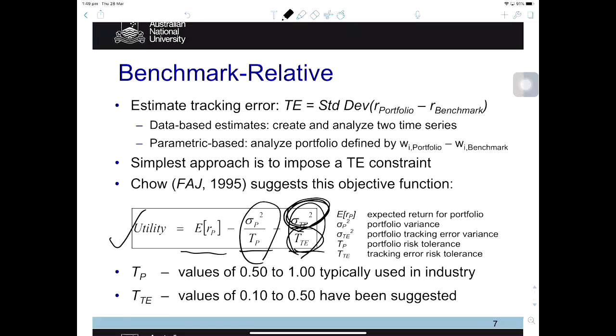So the message from this relative risk management asset allocation method provides some guidance for an investor or for mutual fund managers who have a clearly defined benchmark. It's worthwhile to work around the tracking error. With the parametric method, you might look at the portfolio at the margin.